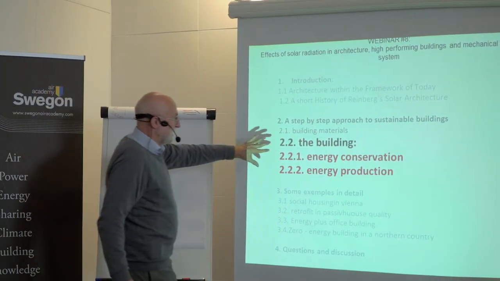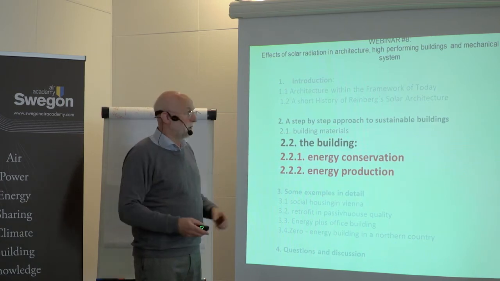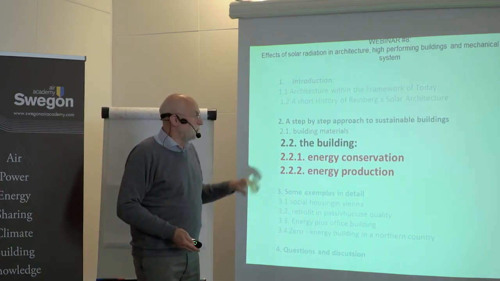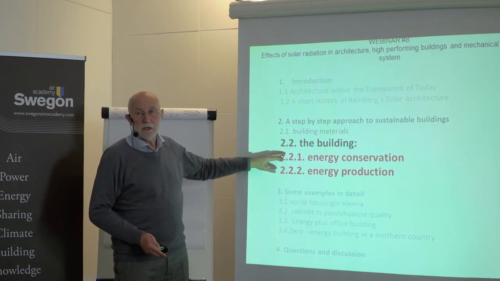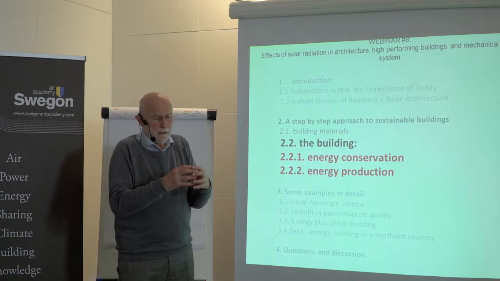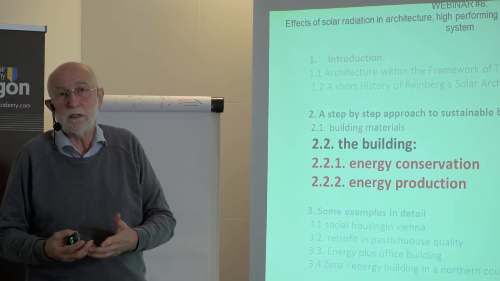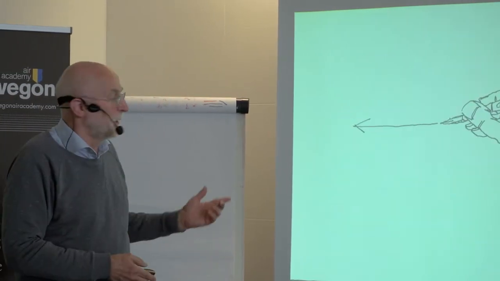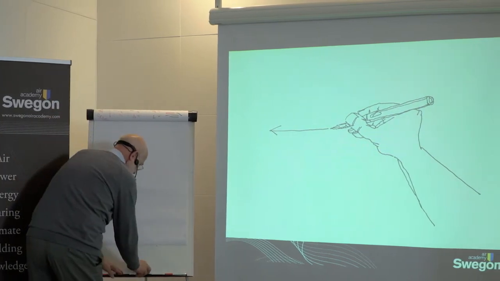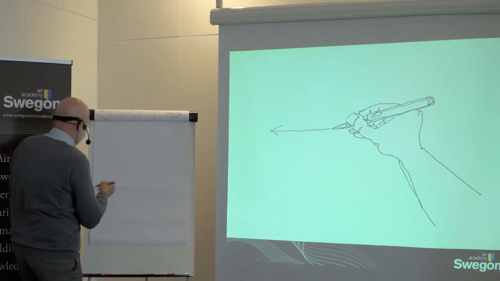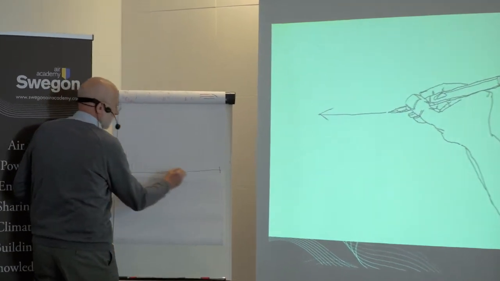Next, the building itself, running the building. Giving with the building a comfortable climate. And there are two steps. One is energy conservation, so that you have a lower demand, and if you have low demand, you can cover it with solar energy. How does it work? If we take on one line the energy a house is consuming.